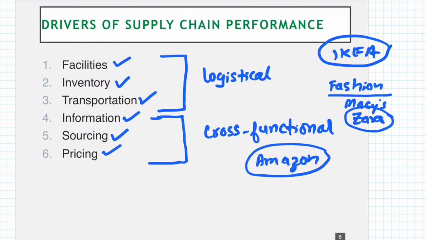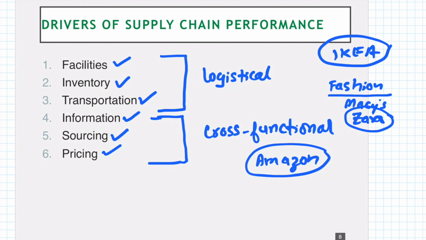One thing you will realize is that these drivers do not act independently, but they interact a lot to have an impact on the supply chain performance. So while designing an effective supply chain, it is very important to take into account interactions among these drivers.